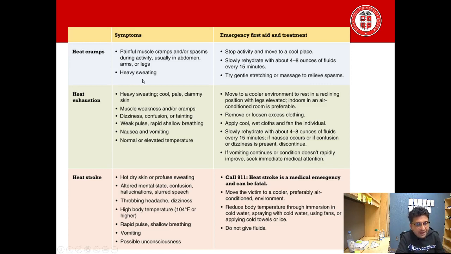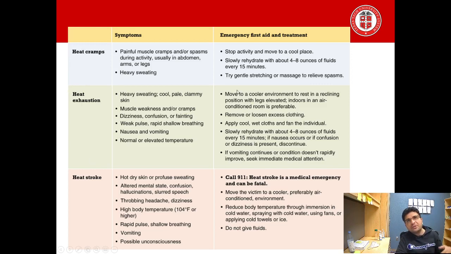Although you'll find heavy sweating because body is trying its best to remove heat from the body, but it's not completely working, but still you have sweating going on. And why I'm emphasizing this point, because once the sweating mechanisms fail completely, then you land from heat exhaustion to heat stroke.